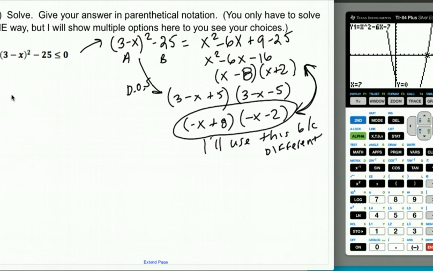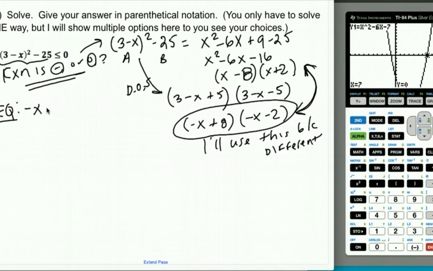It's fine. So if I wanted to find the zeros, this is asking me for when this function is negative or 0. That's what I'm being asked. So you want to know what you're being asked because then you know what to answer. So if I go ahead and find where these things are 0, it's going to be when negative x plus 8 is 0, which is going to be at x equals 8. And negative x minus 2 is 0 at x equals negative 2.